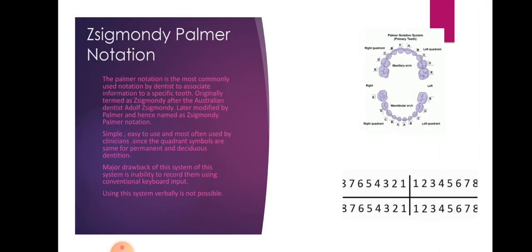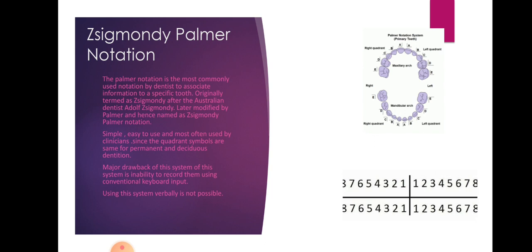So the next is the Zsigmondy Palmer notation. The Palmer notation is the most commonly used notation by dentists to associate information to a specific tooth. Originally termed Zsigmondy after the Austrian dentist Adolph Zsigmondy, later it was modified by Palmer and hence named Zsigmondy Palmer notation.